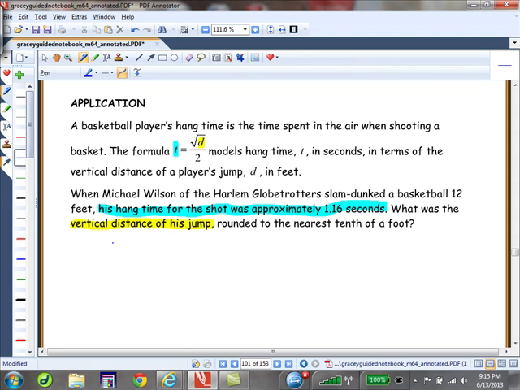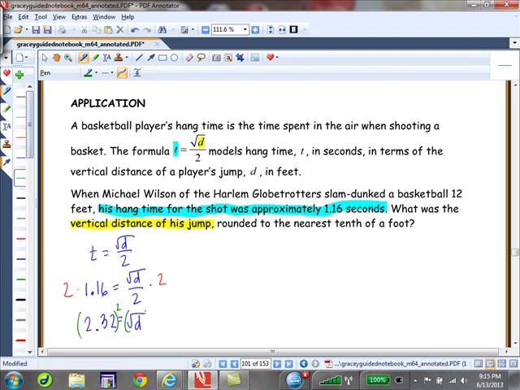So let's check it out. We have t equals the square root of d over 2, but they told us that t is 1.16 seconds, equals the square root of d over 2. I need to isolate the radical, so if I multiply both sides by 2, I will get 2.32 equals the square root of d. Now what do I do?